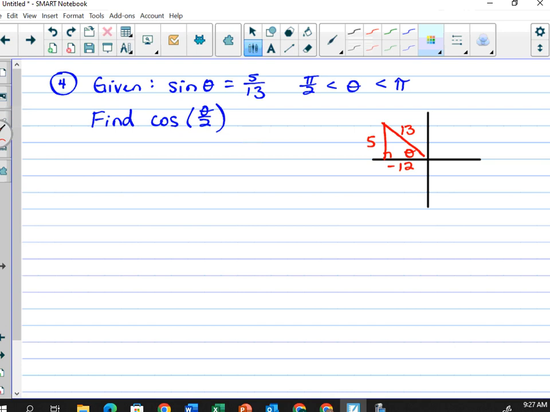All right, let's write out our formula for cosine of theta over 2. Plus or minus big square root of 1 plus cosine theta over 2.